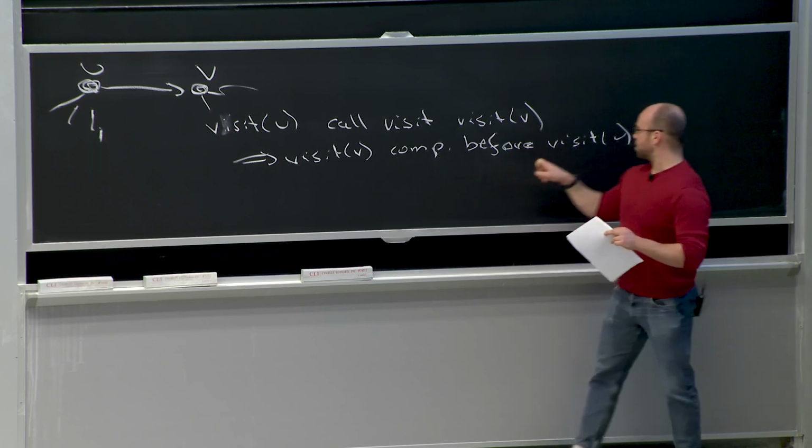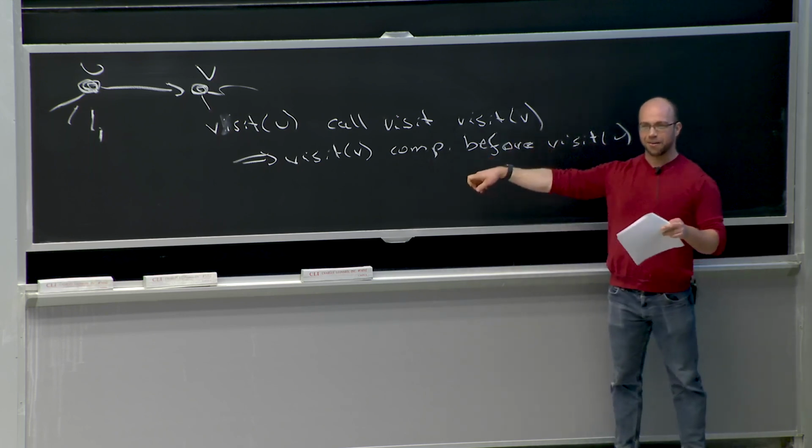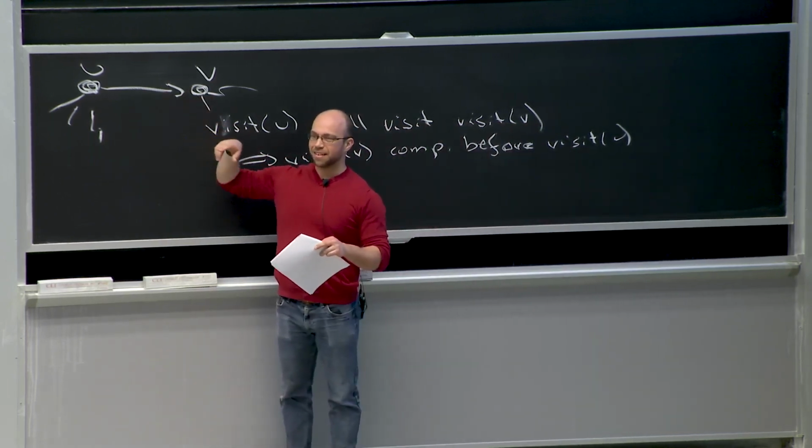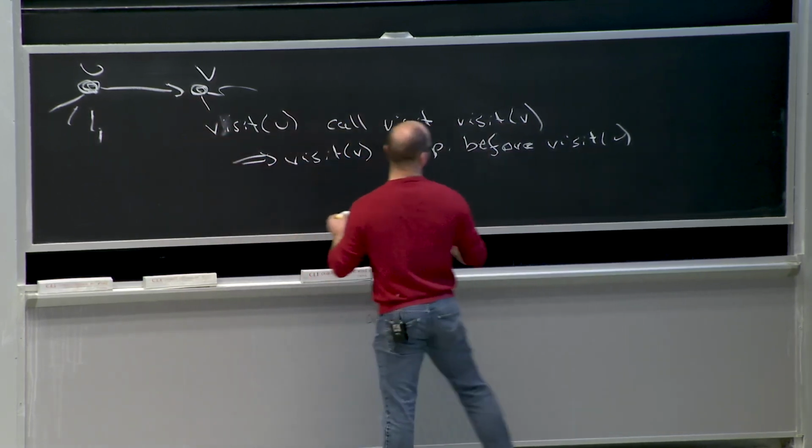If this completes before the other guy, then they get flipped backward in the list, which is exactly what I want because there's an edge from U to V. Okay, so case 1 is done.